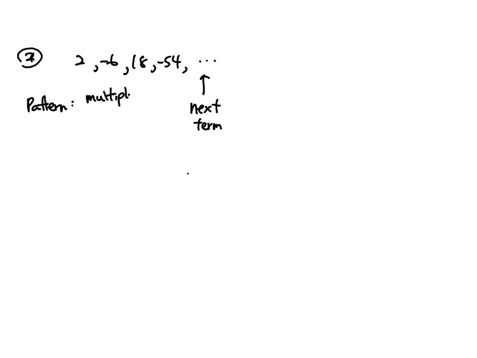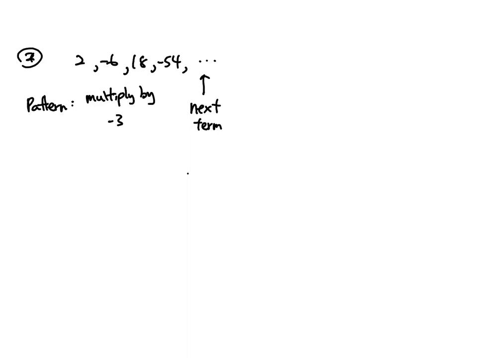All right. Now we're supposed to find the next term of the sequence. You have 2, -6, 18, -54, and try to figure out what the next number is. When you're looking at a sequence, there is always a pattern. We just have to figure out what the pattern is. Hopefully, by looking at this, you should see the pattern is multiply by -3.